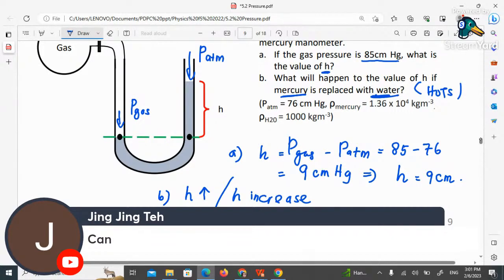Kalau dia minta you explain, macam mana nak explain? The lower the density of liquid, the higher the level or height.